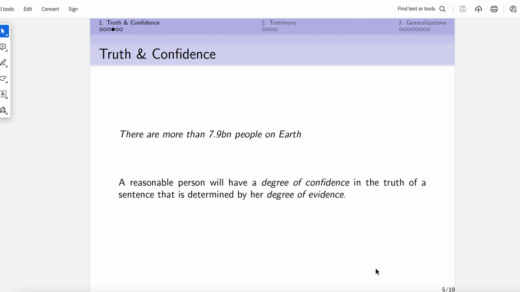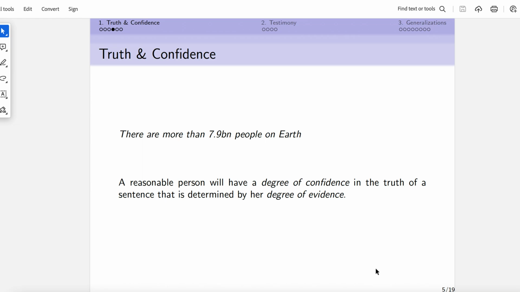But it seems that in all cases where a sentence is one that has a truth value, it's plausible that a reasonable person will have a degree of confidence in the truth of that sentence that's determined by her degree of evidence, right? So it's proportional to the degree of evidence that you have for the sentence.